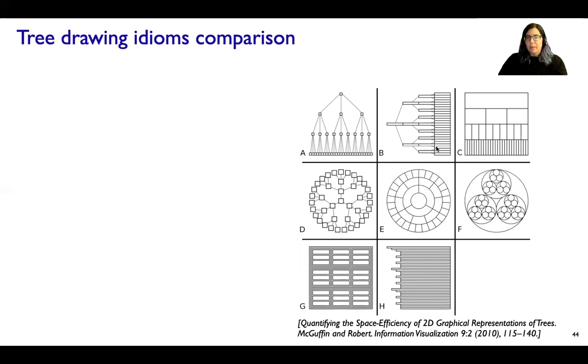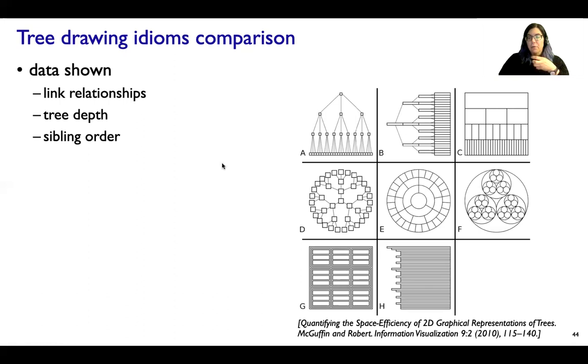So what are the questions you could ask? Are they all showing the same data? Are they showing link relationships explicitly or implicitly? Are they directly showing the depth in the tree? Is that something you can read off?